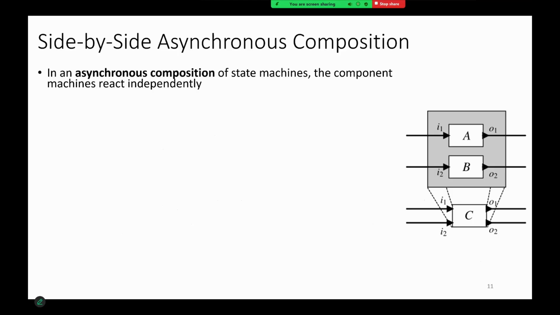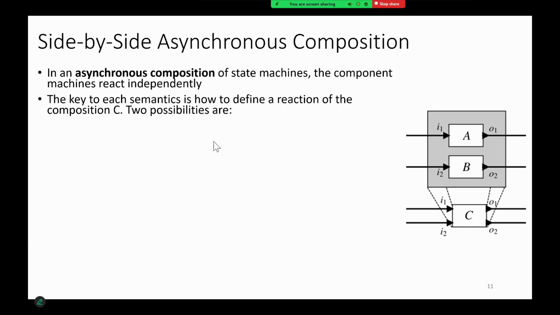So now let's make it more difficult and have asynchronous composition. In asynchronous composition, the components react independently. They are not reacting together from its name. And we have two types, either semantic 1 or semantic 2.